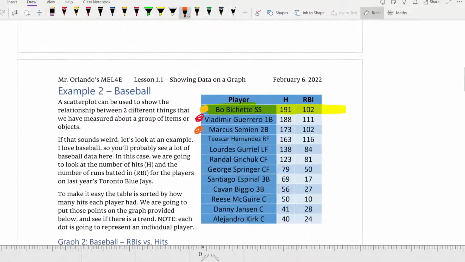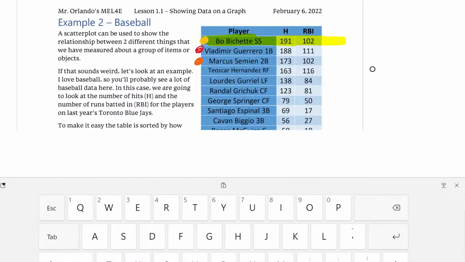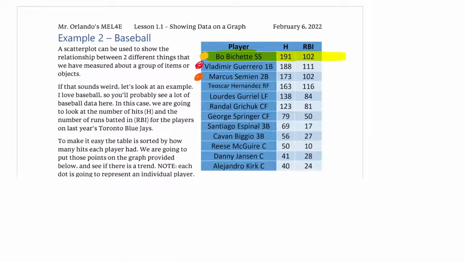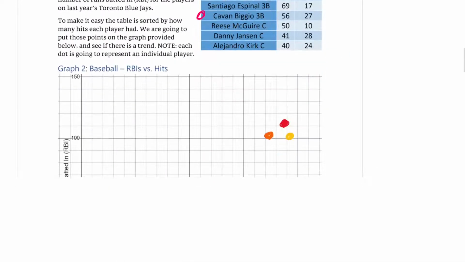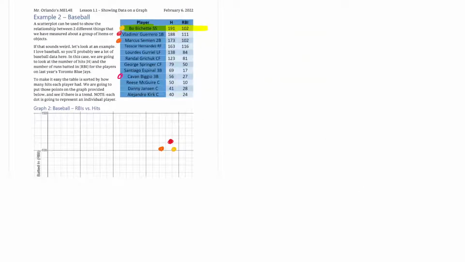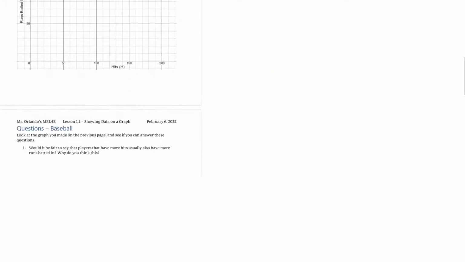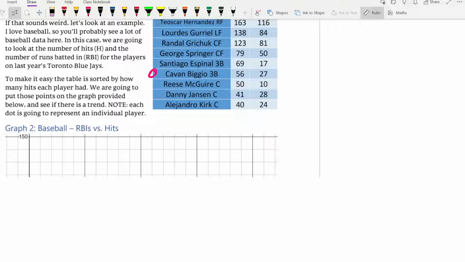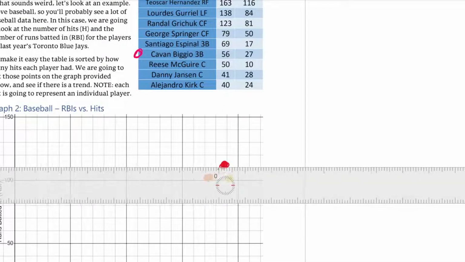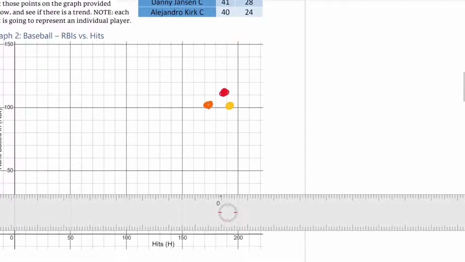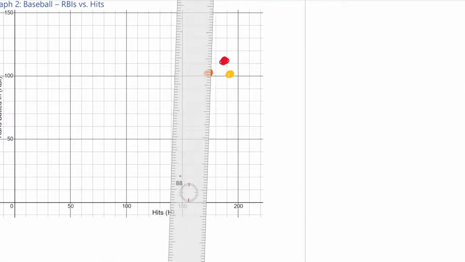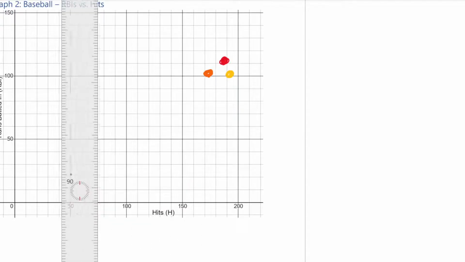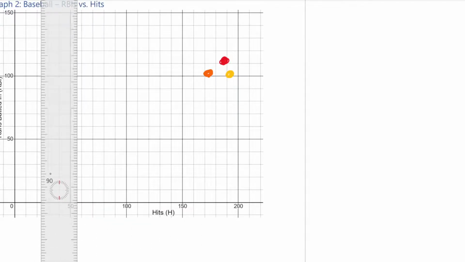And then just to show you something on the other end of the spectrum, maybe we'll put Kevin Biggio here. He had 56 hits, which would live more or less about there.